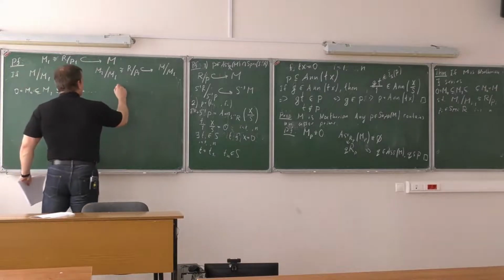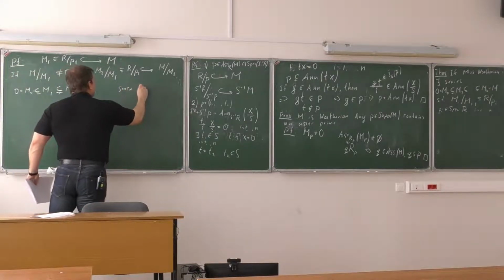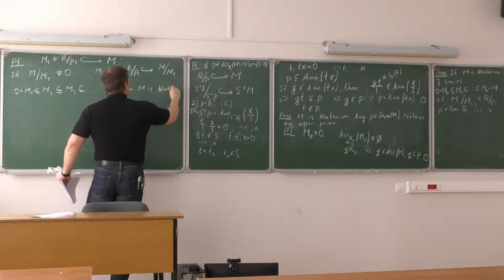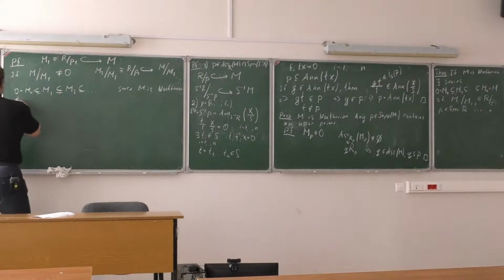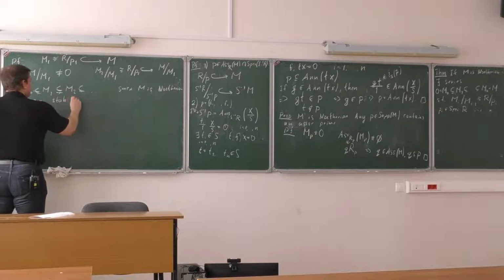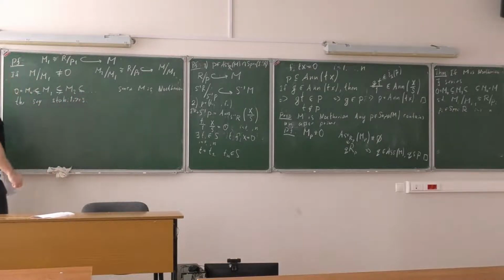Since M is Noetherian, the sequence stabilizes. This means that on some step the quotient that we're constructing is actually a zero quotient.